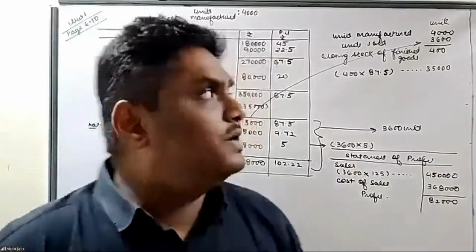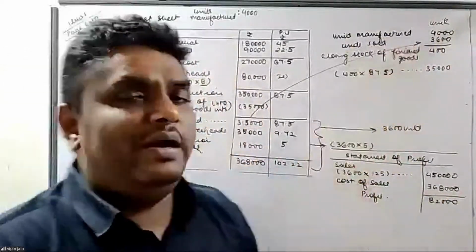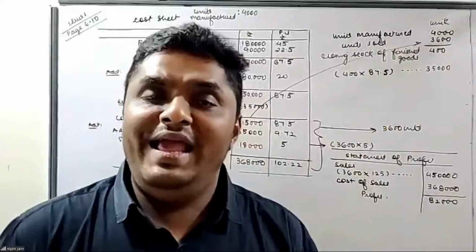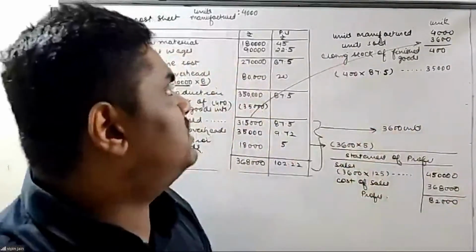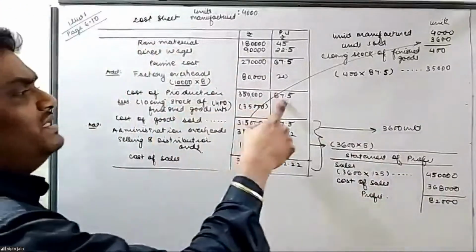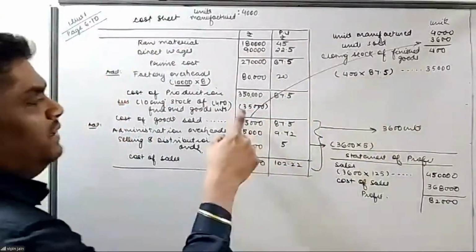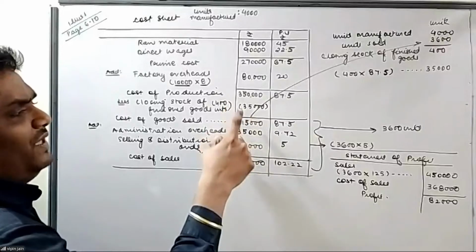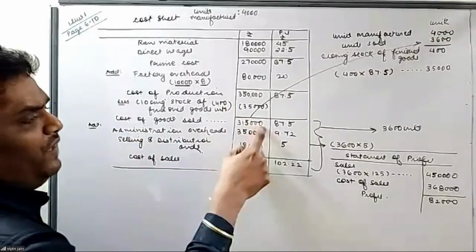Now, out of 4,000 units manufactured, only 3,600 units are sold. So 400 units are still in stock. And as I said, the finished stock is valued at cost of production. So my cost of production is 87.5. So 400 into 87.5, 35,000. So from 3,50,000, if we deduct 35,000, we will get cost of goods sold 3,15,000.